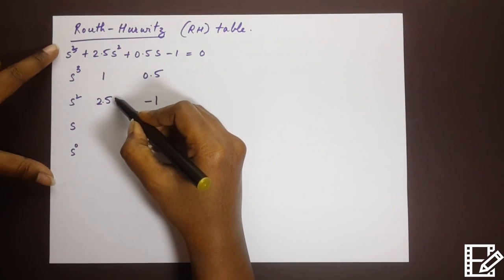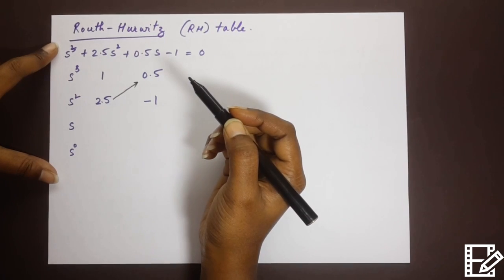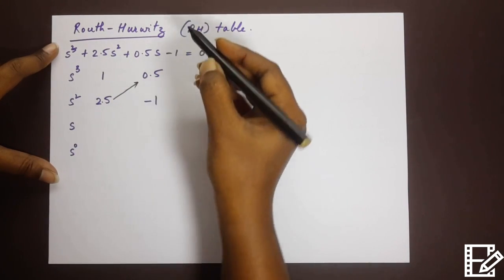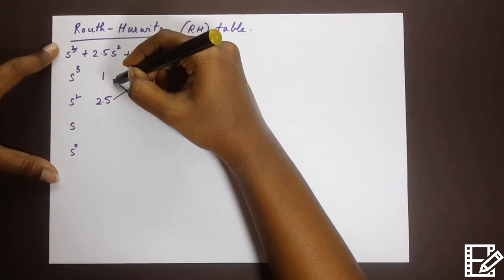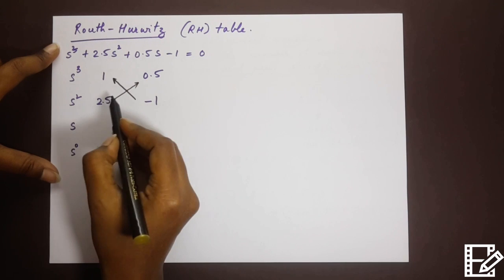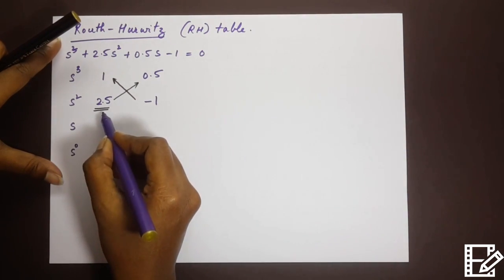What we do here is 2.5 multiplied by 0.5. Always remember to move from left to the right. 2.5 into 0.5 minus 1 into 1 divided by the first number here. Okay, so you have to remember that. Always divided by the first number here.